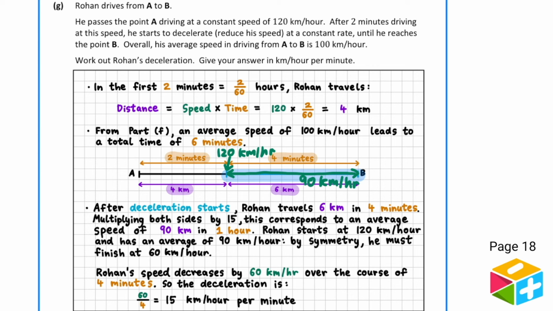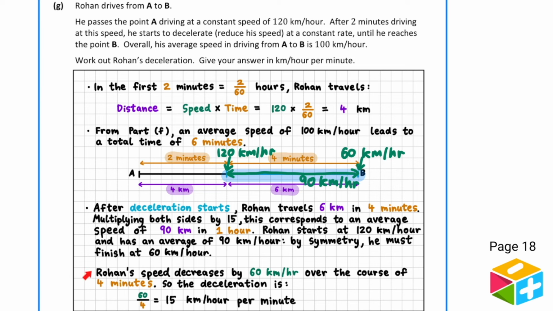Since his deceleration is constant, the average speed will be exactly halfway between the starting speed and the ending speed. It follows that he must end with a speed of 60 kilometers per hour. So, over the 4 minutes of deceleration, Rowan's speed has changed from 120 to 60.